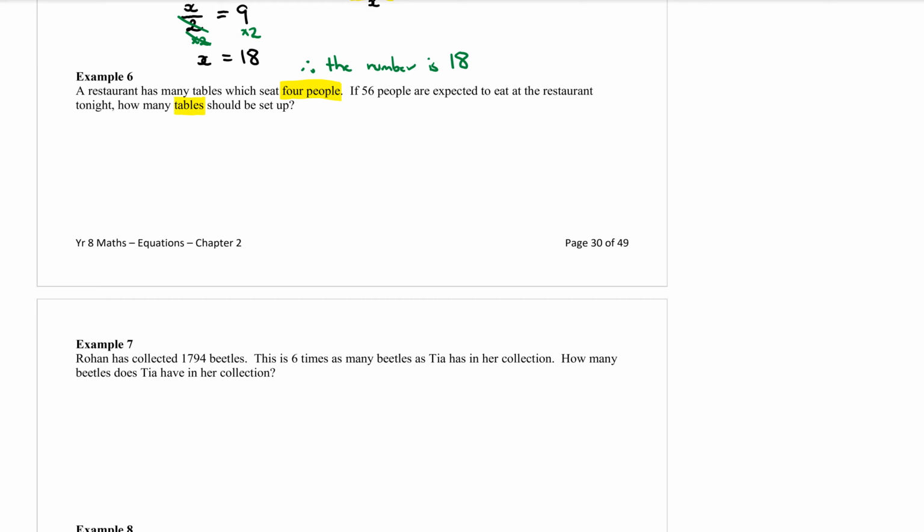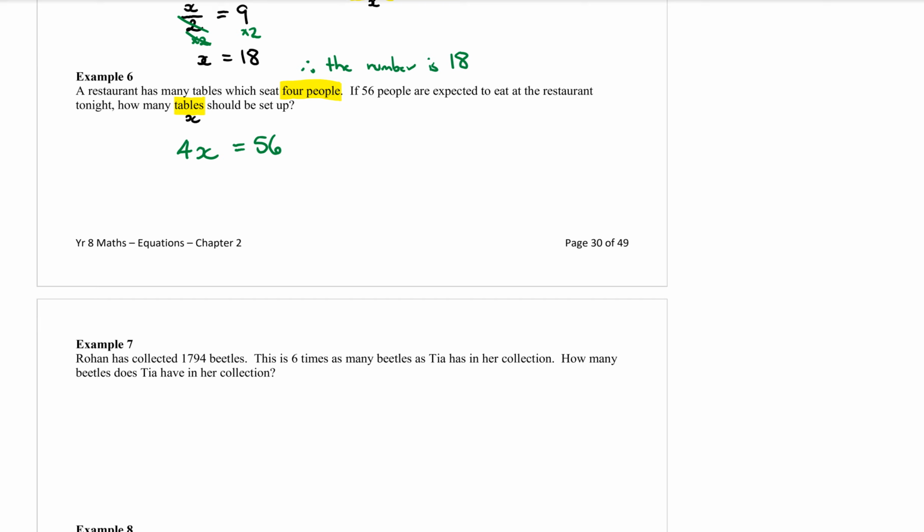The number of tables, that's going to be our x. Now, each table can have 4 people. So that means if we go 4 times x, that would tell us how many people can sit at x tables. Now, we want to be able to sit 56 people. So that is the equation that we need to solve.